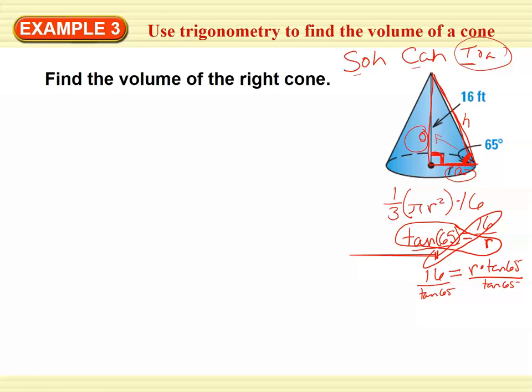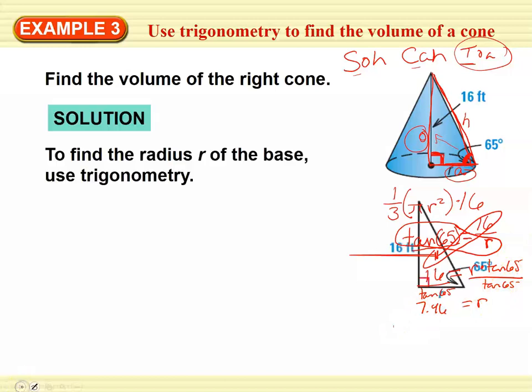If you take 16 divided by tangent of 65, you should end up with your radius equaling 7.46. Make sure that it's 16 divided by tangent of 65, not the other way around. 16 is on top, divided by tangent of 65. So you get 7.46 for your radius.